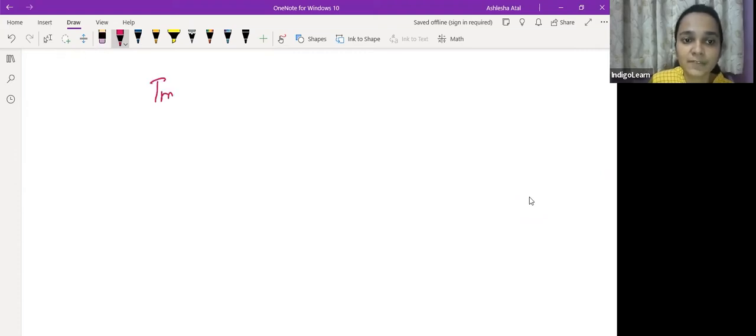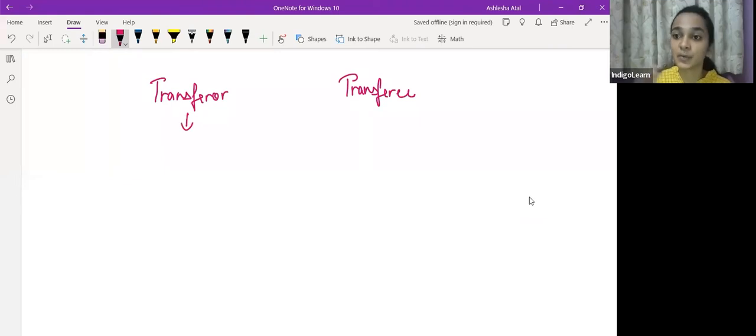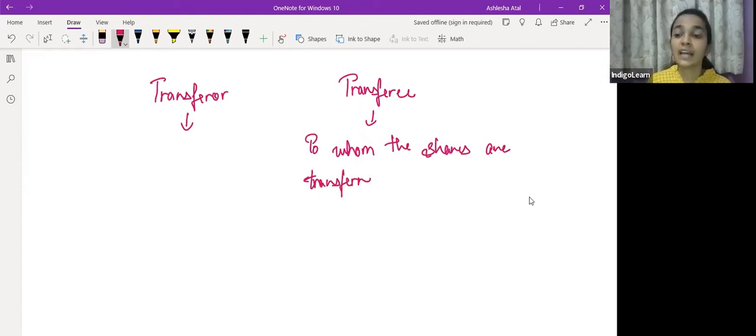One is the transferor, and the other is the transferee. The transferor is a person who is transferring his shares, and the transferee is a person to whom the shares are transferred. Now, when we talk of transfer of shares, shares can be of two types: they can be in physical form or in dematerialized form.